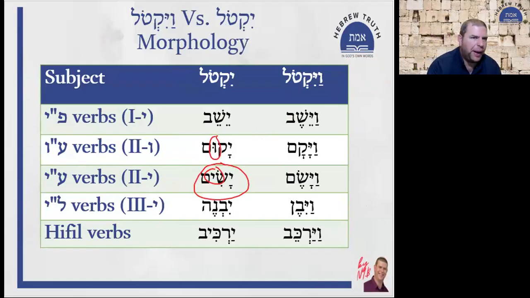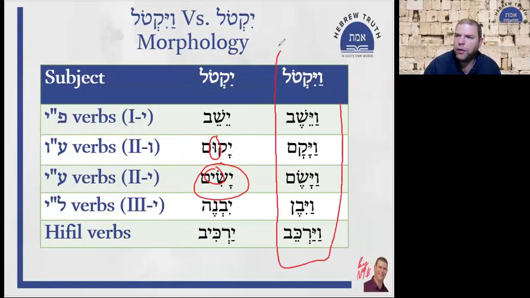vayasim. By the way, the Wayyiqtol form corresponds with the forms that express volition, the volitive forms, the forms that express modality rather than indicative forms.